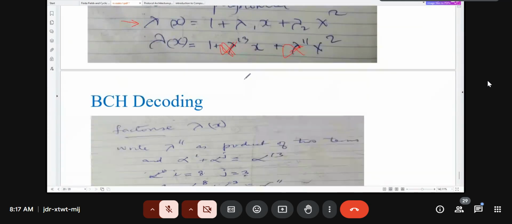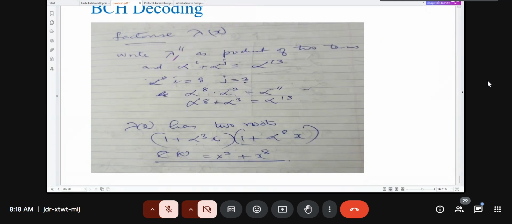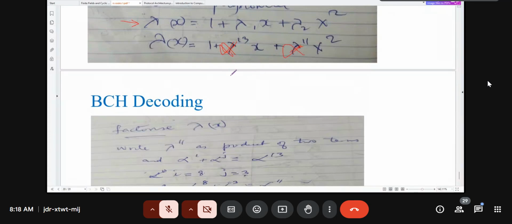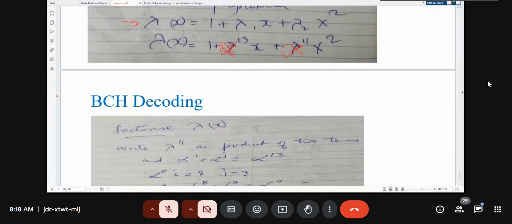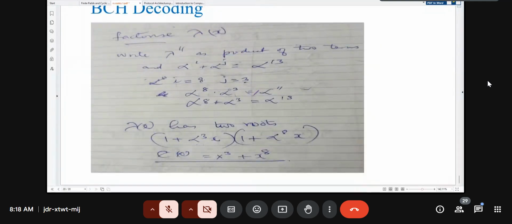So all you need to do is factorize this. To factorize, you look for two terms whose product gives you alpha to the 11 and whose sum gives you alpha to the 13.